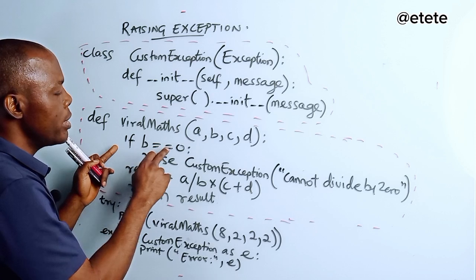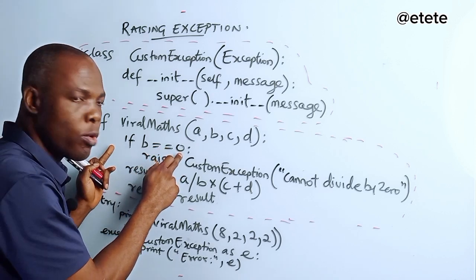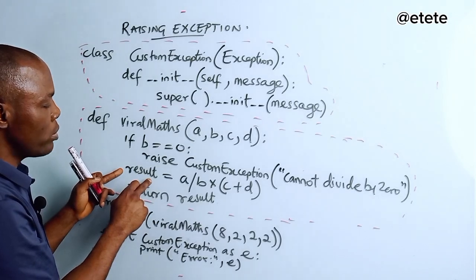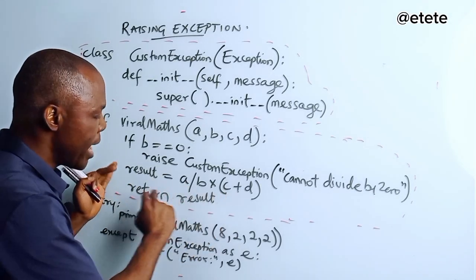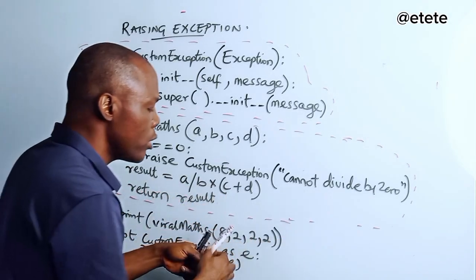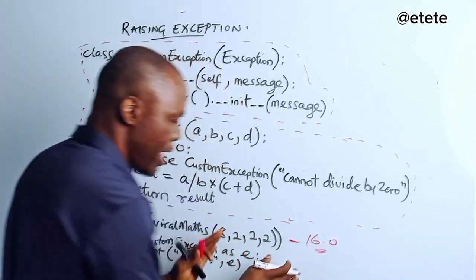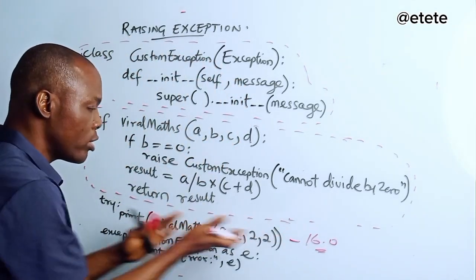It will check B equals to 0. No, B is not equals to 0. So it is not going to go in to raise this exception. It will come to the next line, calculate, and give me the value. So this one will give me 16.0, right? That's what it's going to give to me, because it's a float.